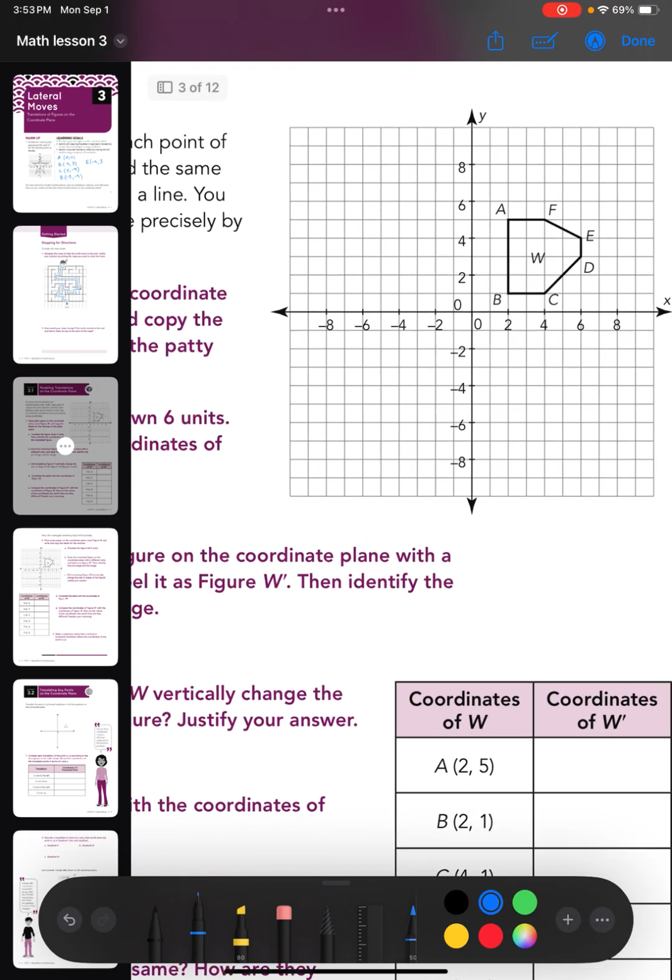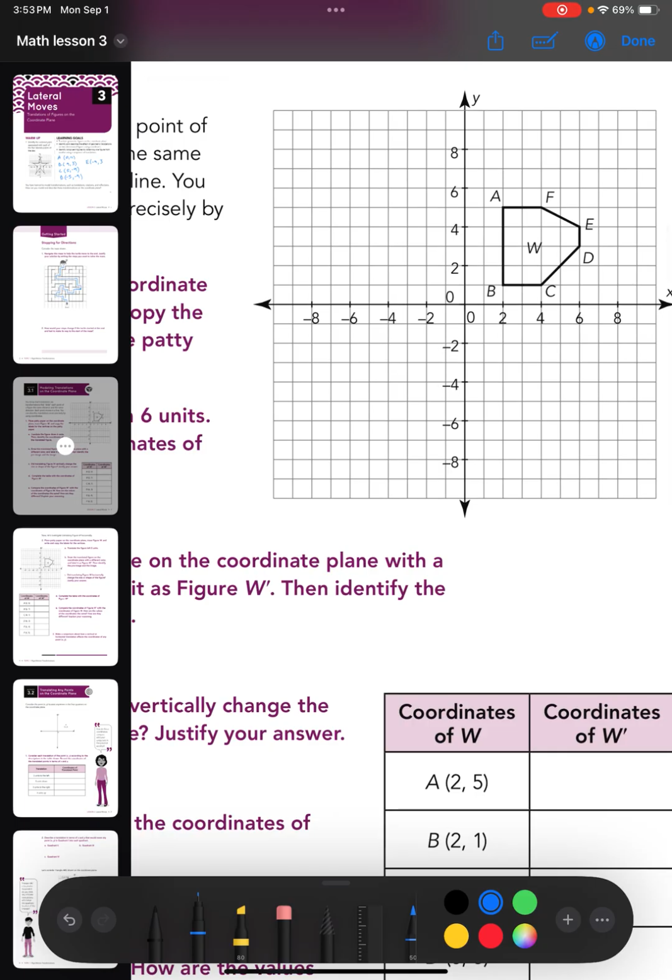So if we were to go down 6 units, all that's going to do is move each vertex down 6 units. In other words, if this is point B, if we count down 1, 2, 3, 4, 5, 6, it'd be here. Point A, I'm going to put in red, 1, 2, 3, 4, 5, 6. Point C, again, if you move down 6, we're going to be here.